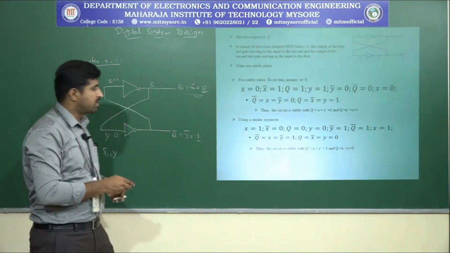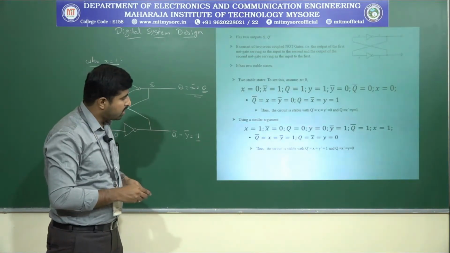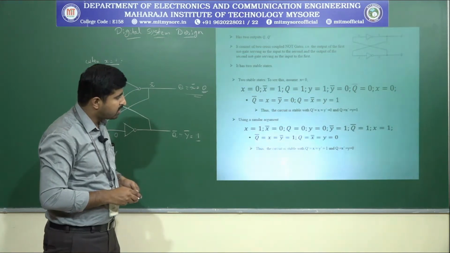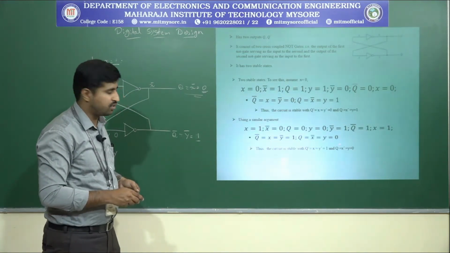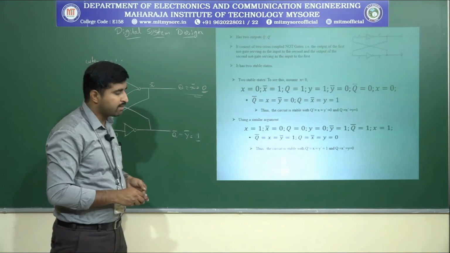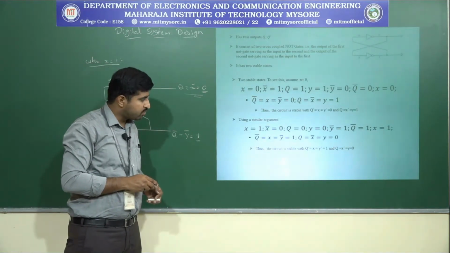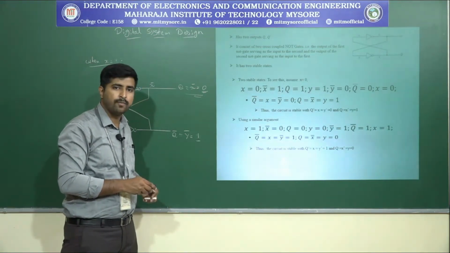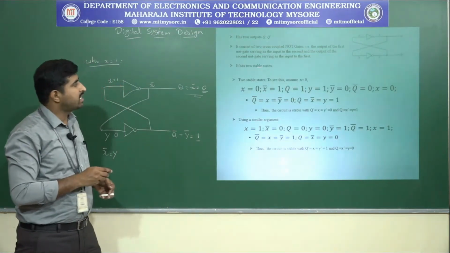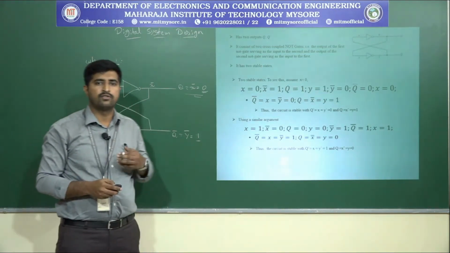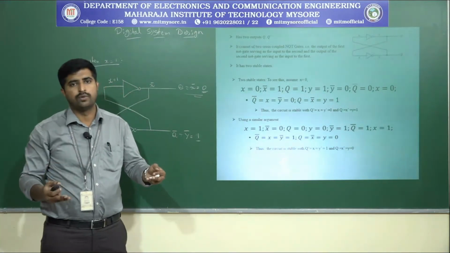Thus the circuit will be stable with Q bar at 1 and Q at 0. That's why we said it has two stable states: logic 1 and logic 0.